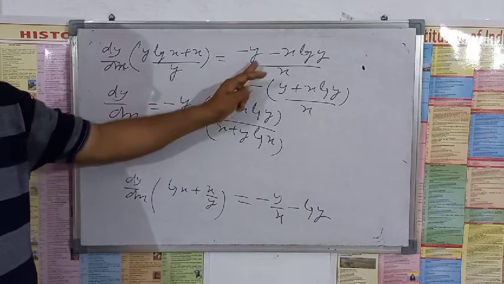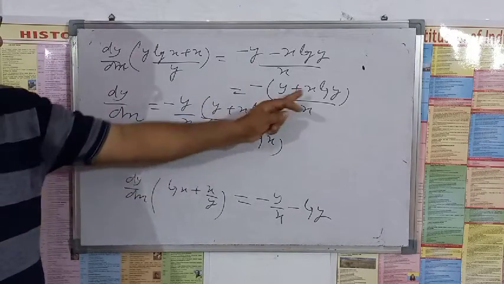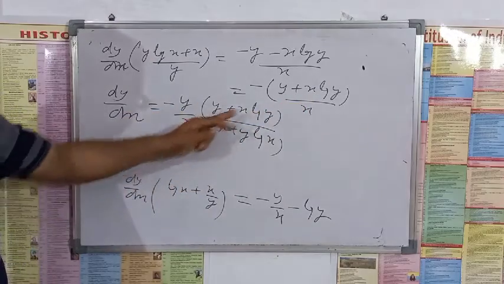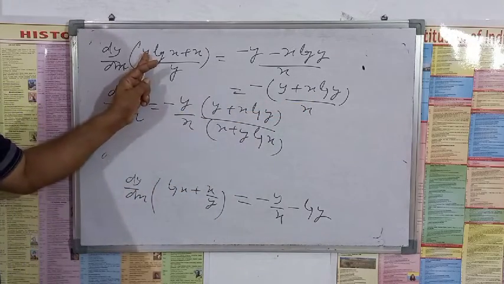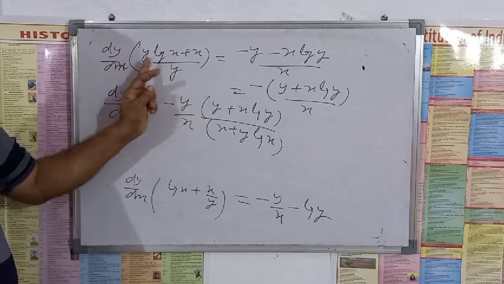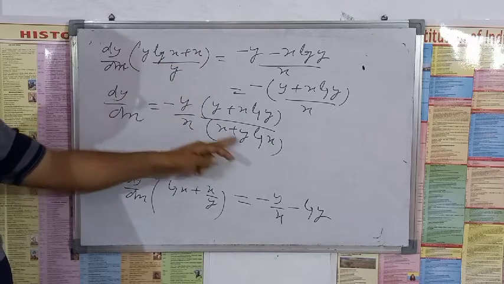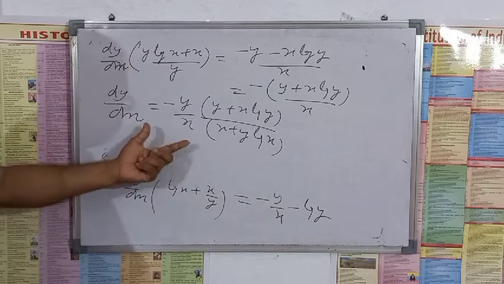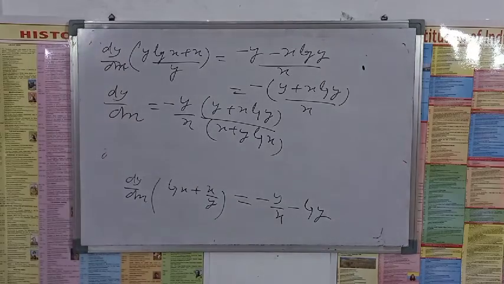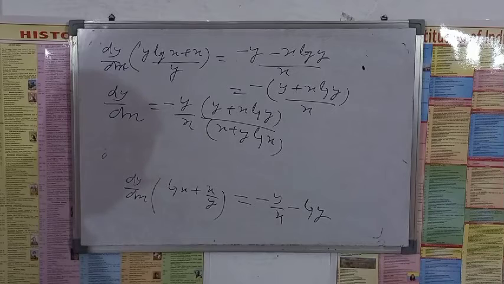So cross multiply by y: y into y plus x log y upon x, divided by x plus y log x. So this is the answer for dy by dx. It was question number 12, first part.